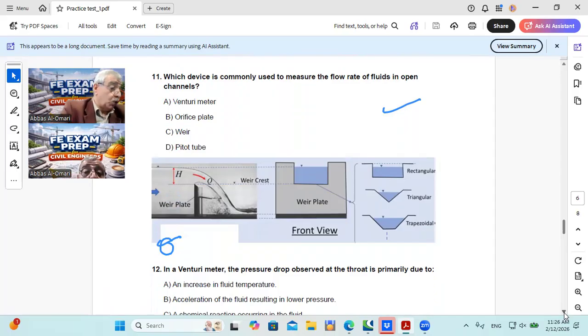So in open channels, we use weirs to measure flow. So the correct answer is C. And this is an image of a weir. There are different types of weirs, and this is one type. In open channels, we measure flow by the implementation of weirs. So the next question.